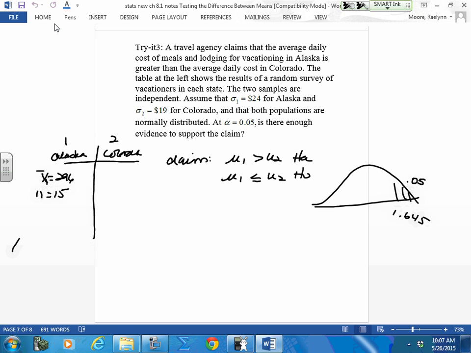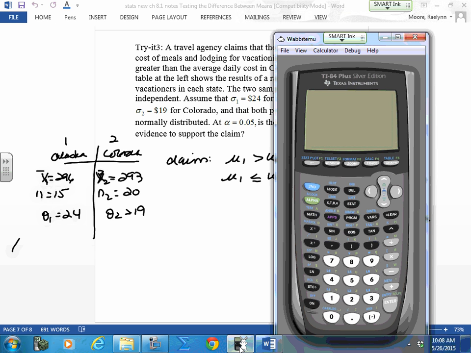Remember, they don't have to be the same exact sample size, but they have to be within the ballpark. And your standard deviations were given in the wording for your population. Okay. Your rest in your calc. So pull up your calc.